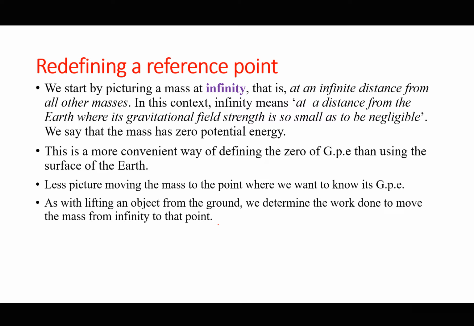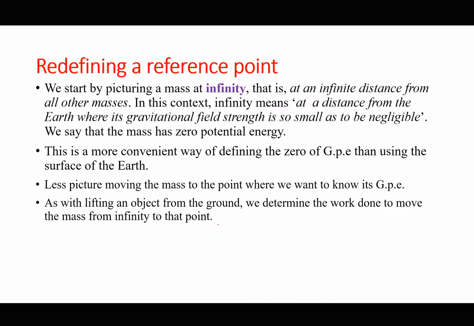But remember, when you are moving it from infinity where the gravitational field strength is 0, you are bringing it to a point where the gravitational field strength is higher. So the object is losing energy. It only gains energy when you take it to a further distance.